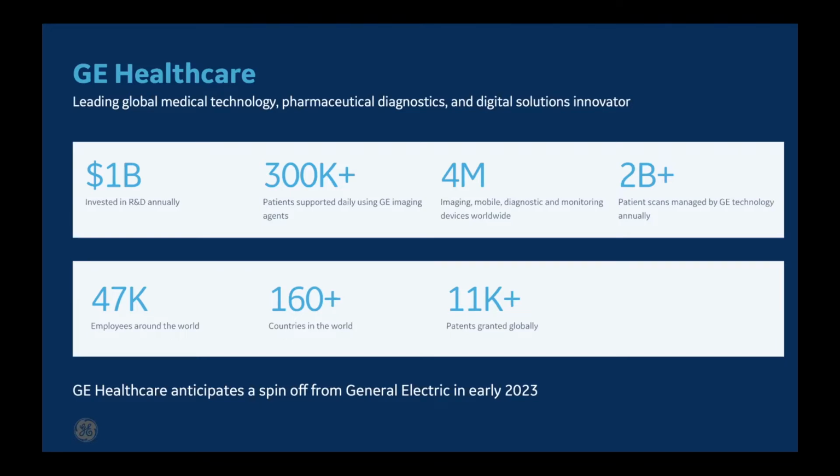Those scans involve X-ray, CT, MR, ultrasound, and a lot of other modalities. We employ 47K employees around the world in more than 160 countries, and we have more than 11K patents granted globally.